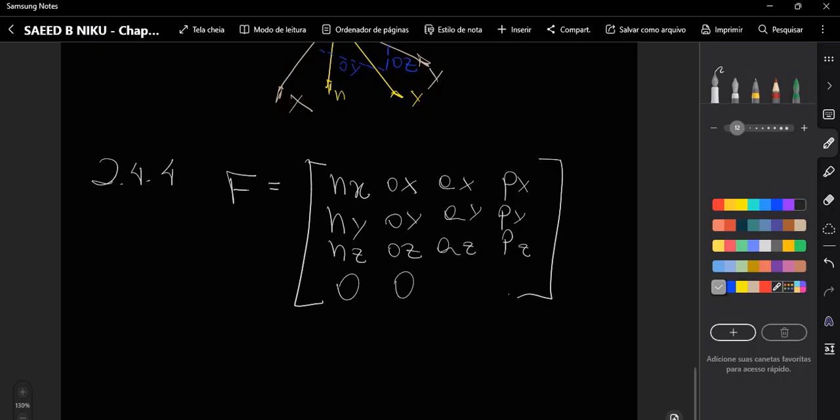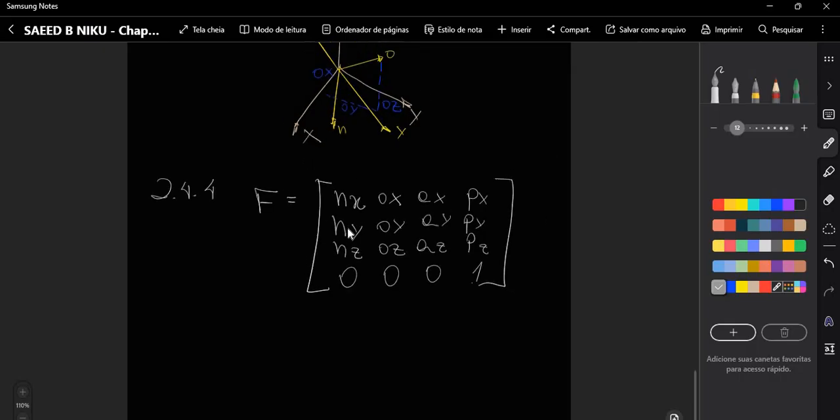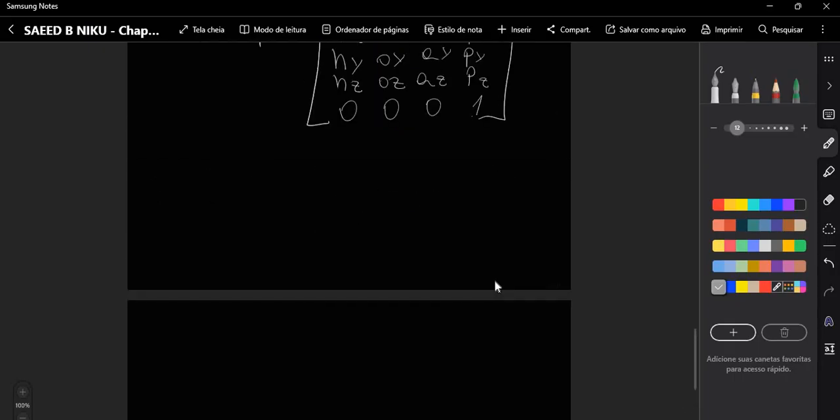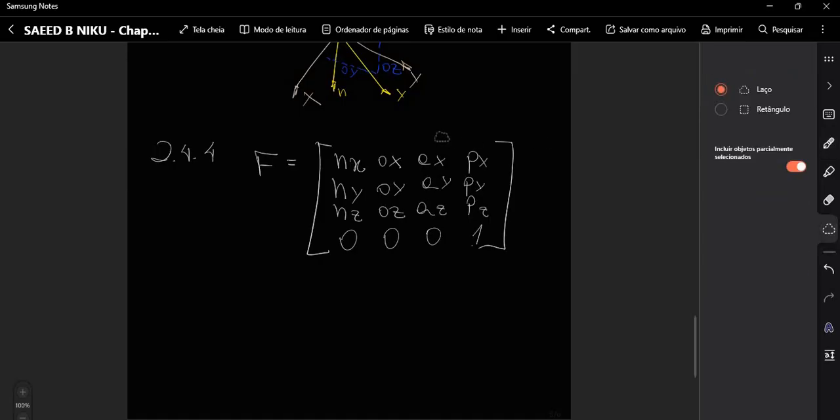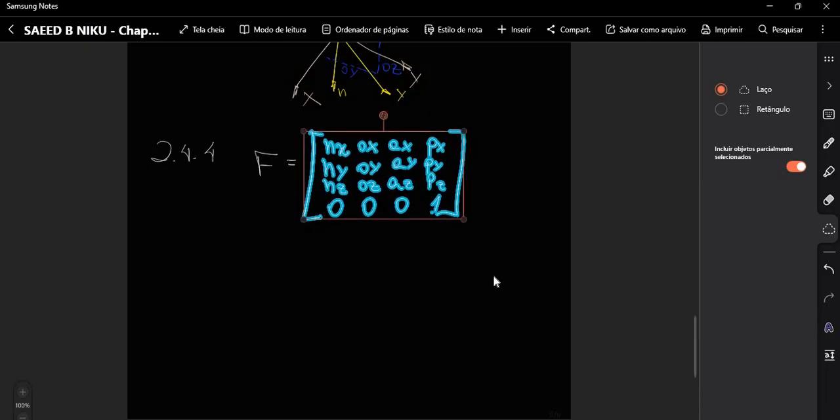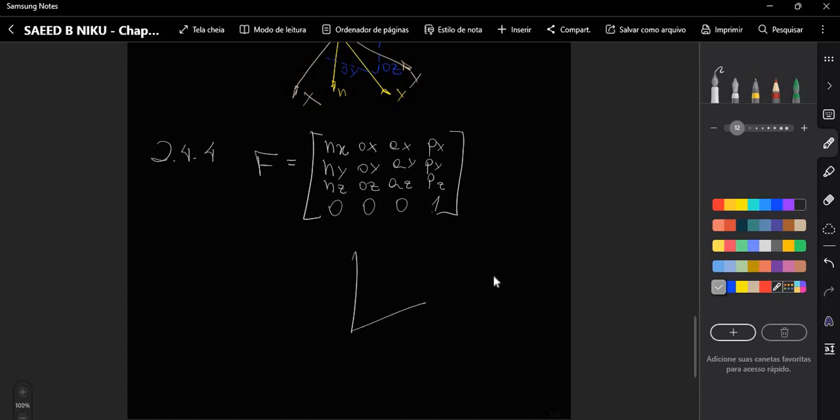Okay, and we can now illustrate this matrix, represent this matrix with this plane, this reference, and the vector P itself, and the mobile referential.